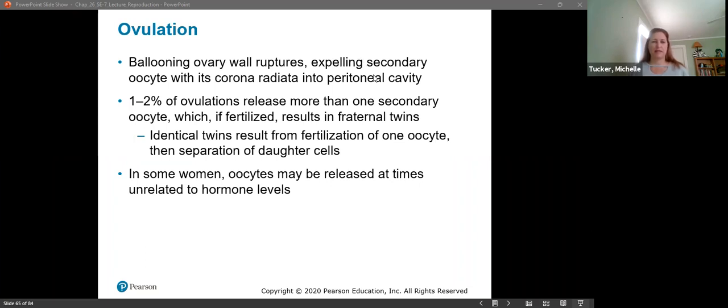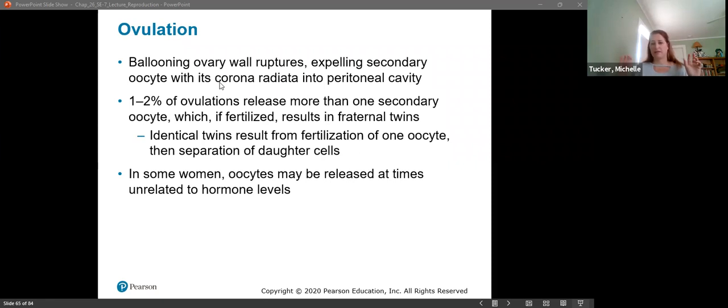And then the granulosa cells will become the corpus luteum. In some women, oocytes are released at times unrelated to hormone levels, and depending on the physician you talk to, some will say that this is very common, and some will say it's not common at all. And 1% to 2% of ovulations release more than one secondary oocyte.